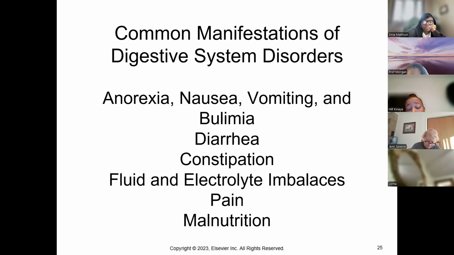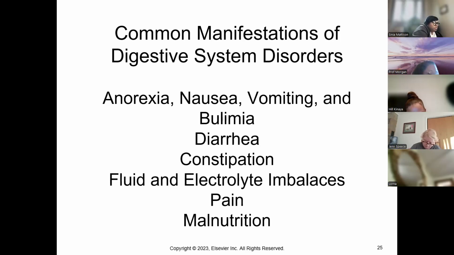Common manifestations of the digestive system include things like anorexia, nausea, vomiting, bulimia, diarrhea, constipation, fluid and electrolyte imbalances, pain, and nutrition. Now, you are going to have to know the difference for sure between anorexia and bulimia.